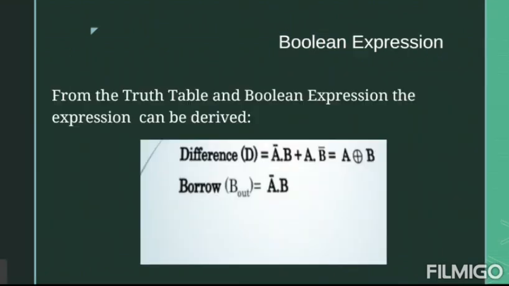From the truth table, the expression can be derived. For difference, A bar into B plus A into B bar is equal to A exclusive-OR B. So this is the Boolean expression for the difference. And for borrow, A bar into B is the Boolean expression for borrow.